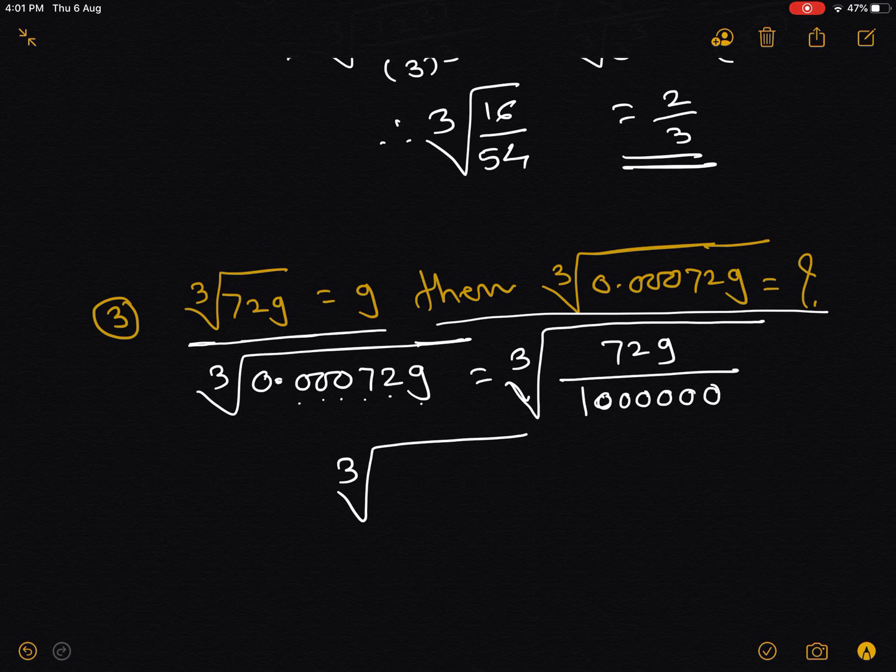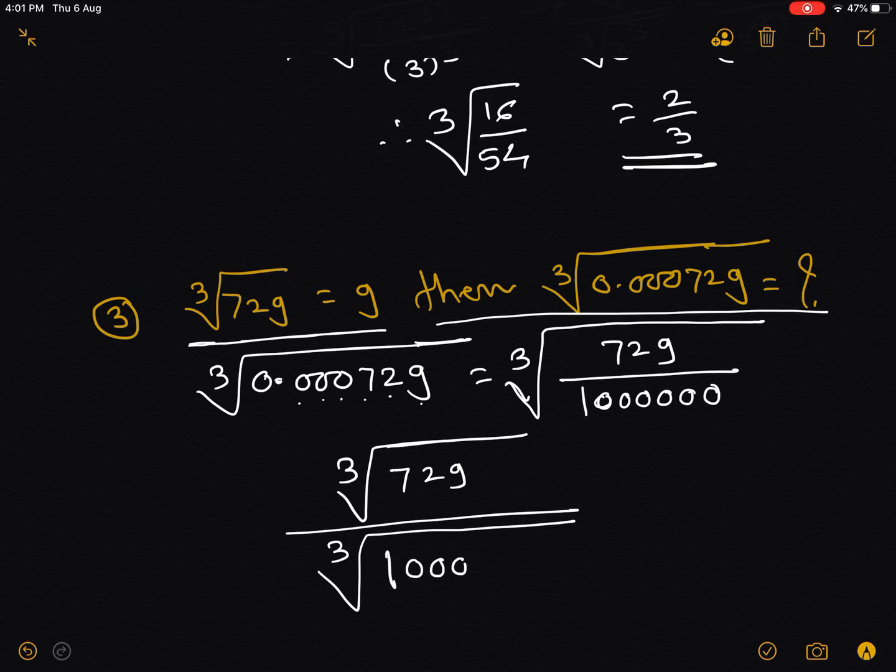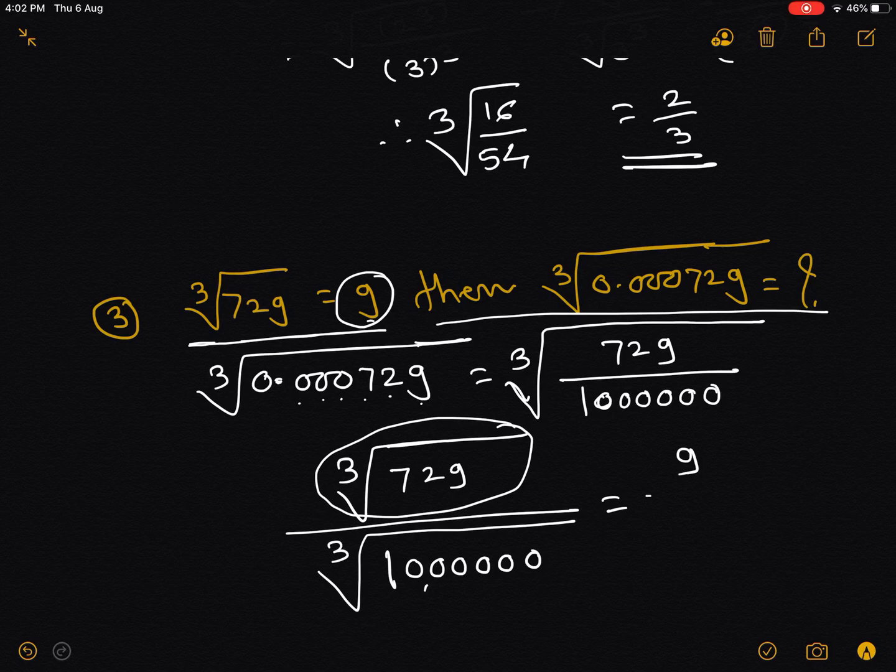Then we write here cube root of 729 upon cube root of this number, 1,000,000. It is 10 lakh. Then you are given the value of the numerator directly, that is cube root of 729, it is given as 9.